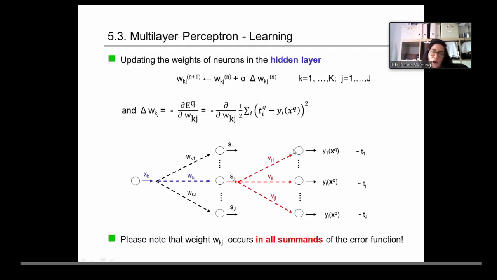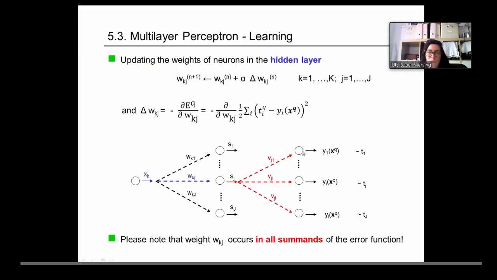Here in the figure, I tried to depict the situation for the weights of the hidden layer. We focus on this particular weight, WKJ. As you can see, this weight is used to calculate all the outputs of the network.